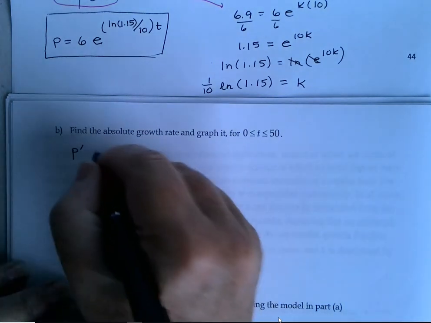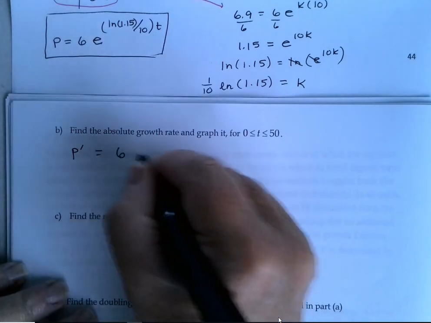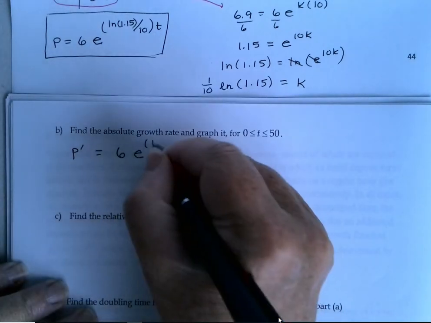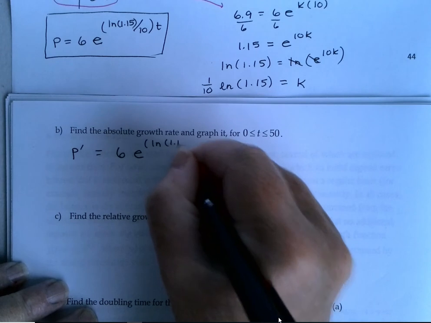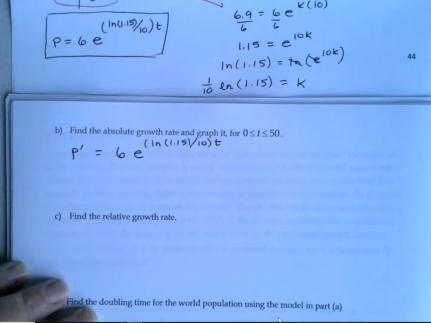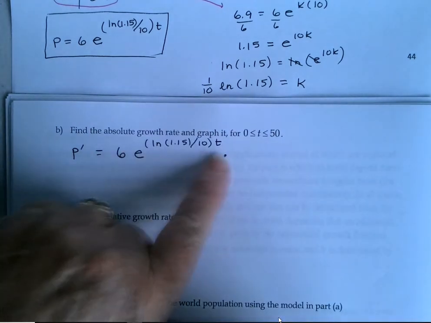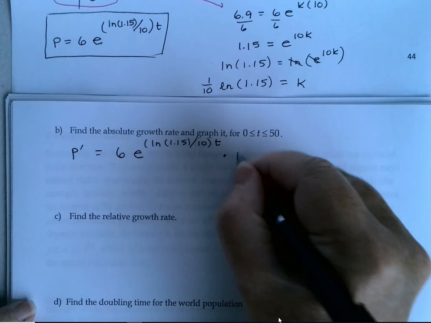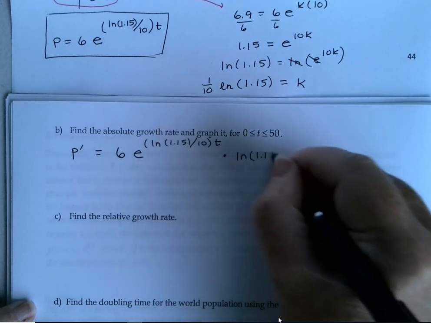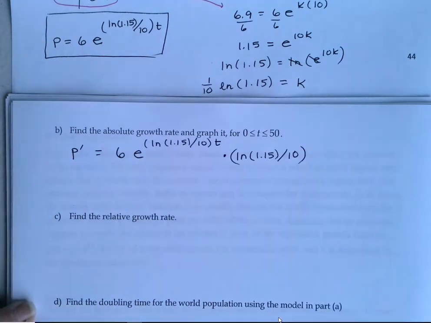The derivative would be 6 times, and of course the derivative of the exponential is just going to be itself, and then the chain rule here, derivative of the exponent would be the natural log of 1.15 over 10. That's our absolute growth rate.